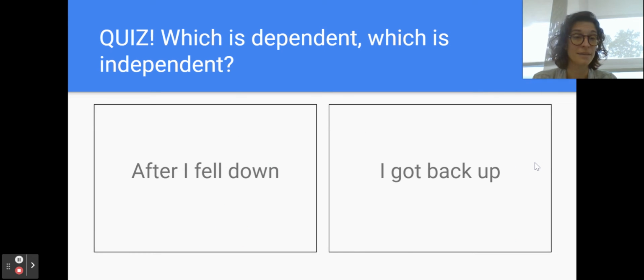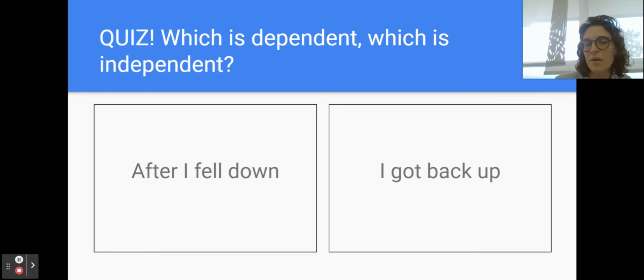So let's do a quick quiz. One of these is dependent and one of these is independent. After I fell down, I got back up. Now, students yesterday were like, well, we put them together. Yes, but on their own. After I fell down. Is after I fell down complete? Is it independent or dependent? I got back up. Is I got back up a complete thought or an incomplete thought?